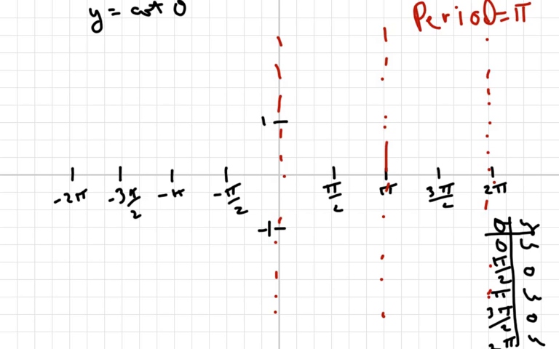So I also have negative pi and negative 2 pi. My zeros are at negative 3 pi over 2, negative pi over 2, pi over 2, and 3 pi over 2. Now, the cotan goes the opposite way than tan, so it's going to look like this.